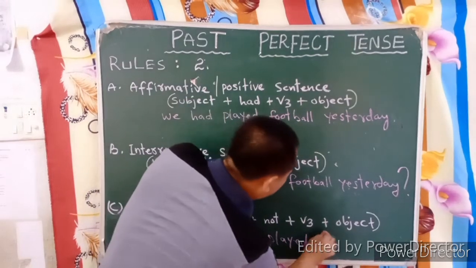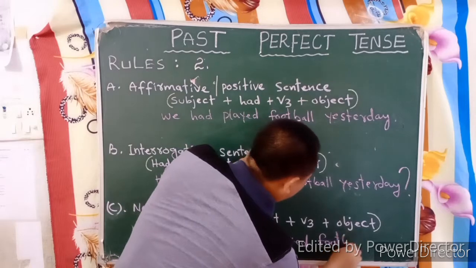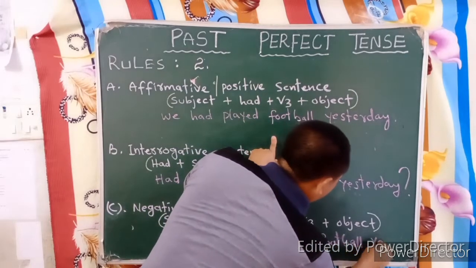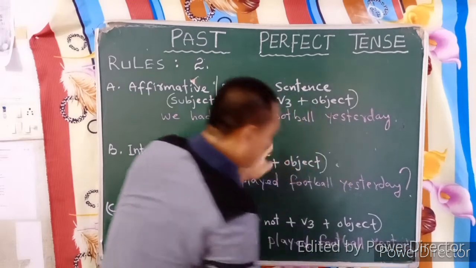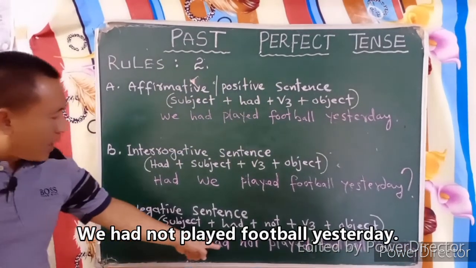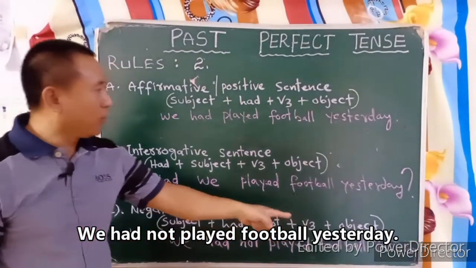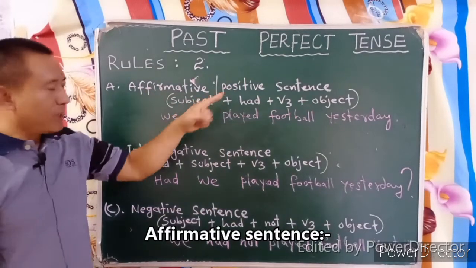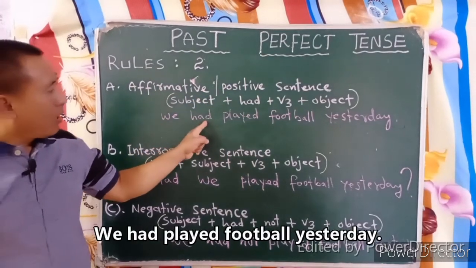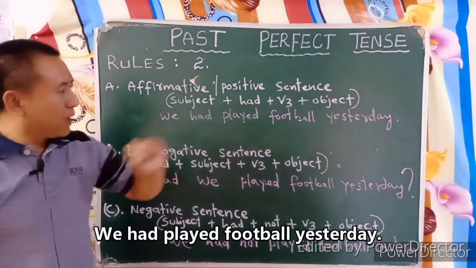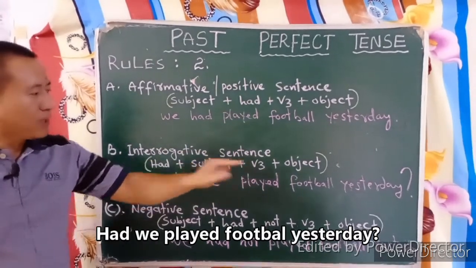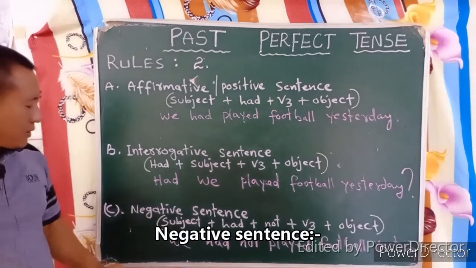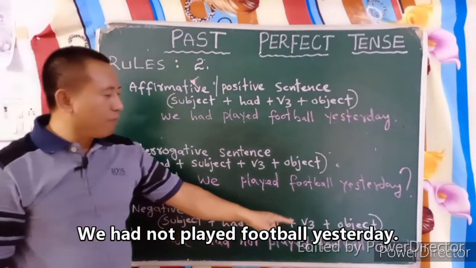Object, football yesterday. We had not played football yesterday. Affirmative sentence: we had played football yesterday. Interrogative sentence: had we played football yesterday? Negative sentence: we had not played football yesterday.